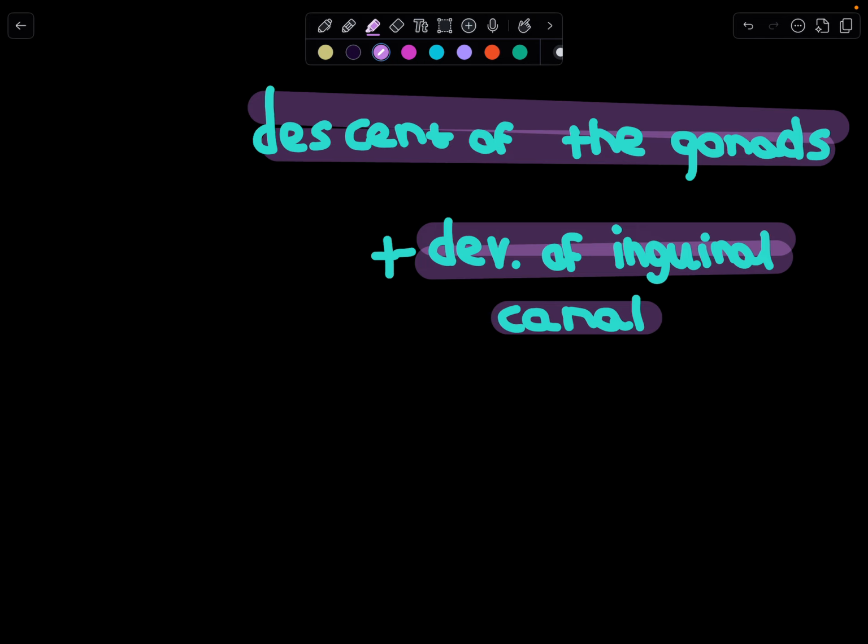The testes are covered by several layers, starting with the tunica vaginalis, a thin serous sac from the processus vaginalis, surrounding the testes except at its posterior attachment, followed by the tunica albuginea, a dense fibrous capsule directly encasing the testicular tissue.